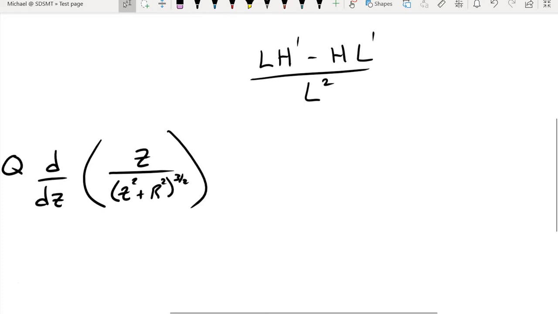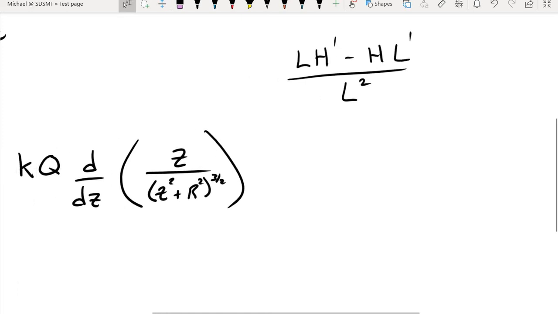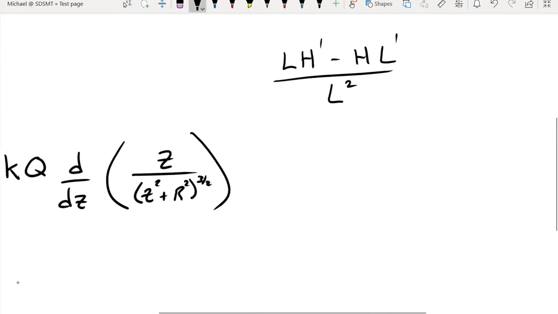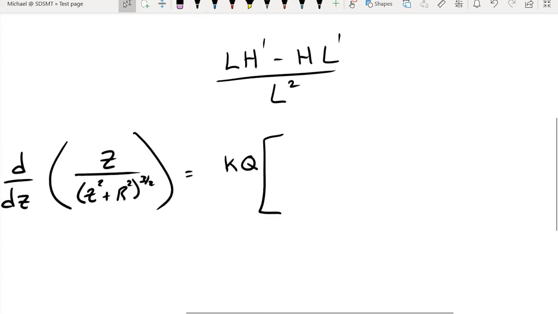So low refers to the terms in the denominator, high refers to the numerator, and the tick marks are indicative of a derivative. So we need to take the denominator, and I'll put all of this in a bracket here.